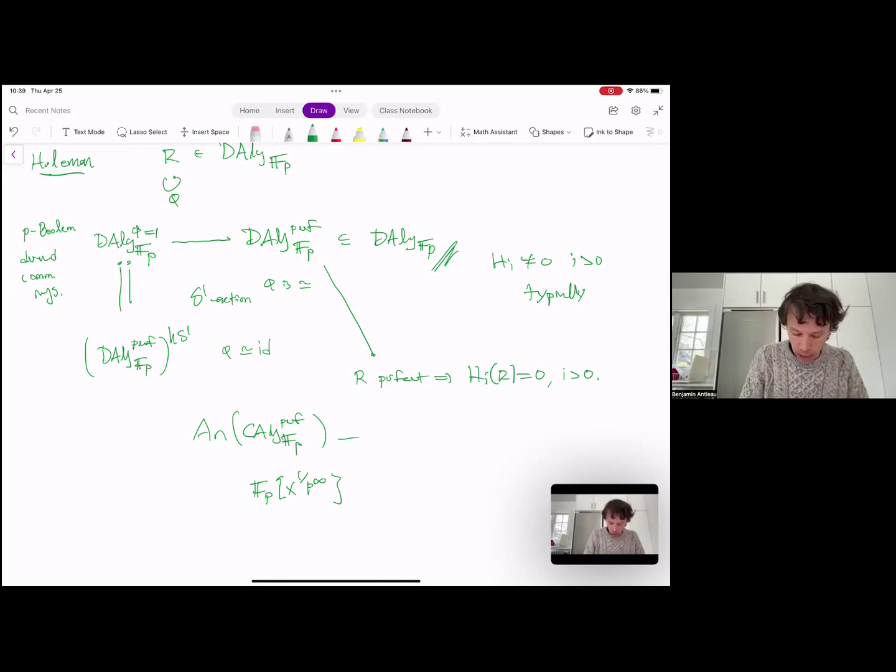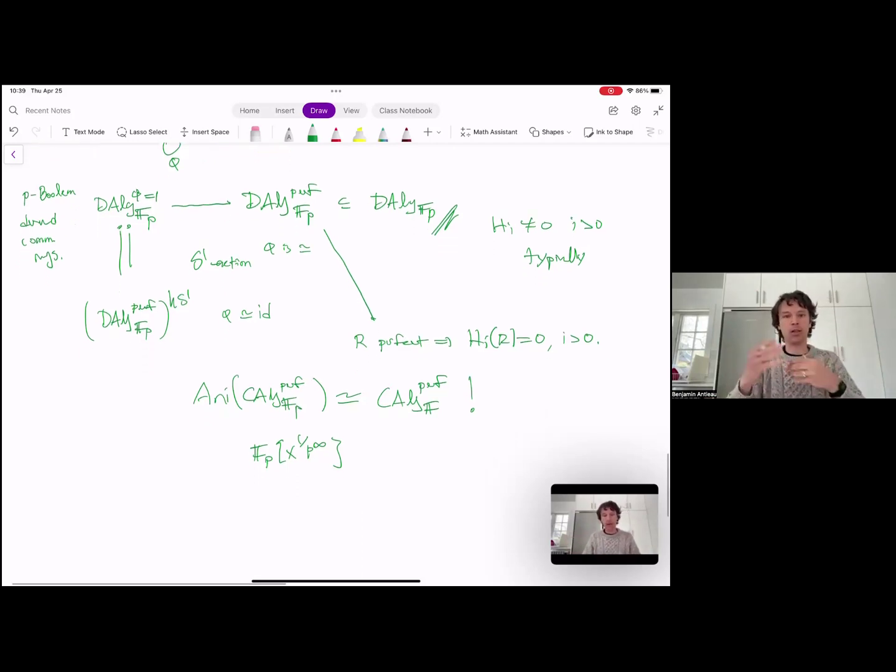And it just turns out that this animated category is not a higher category. It's perfect commutative F_p algebras. So somehow there's no higher structure when you do this animation. I actually don't know of another natural case where the animation of something turns out to be a one-category, for some non-trivial reason.